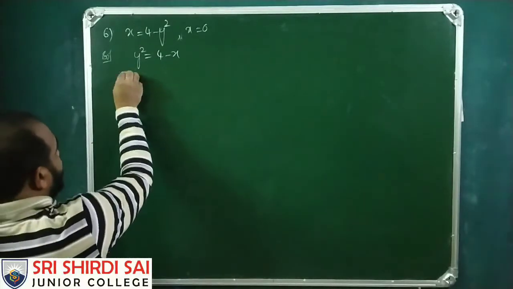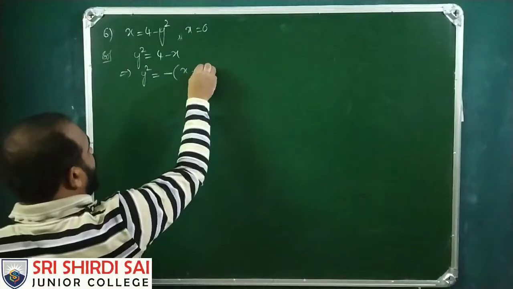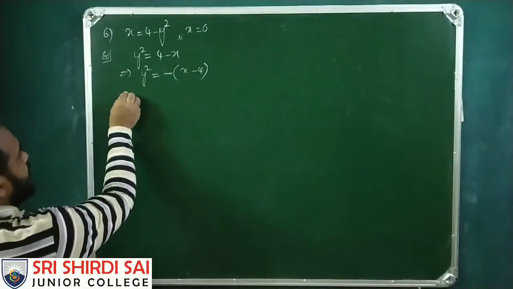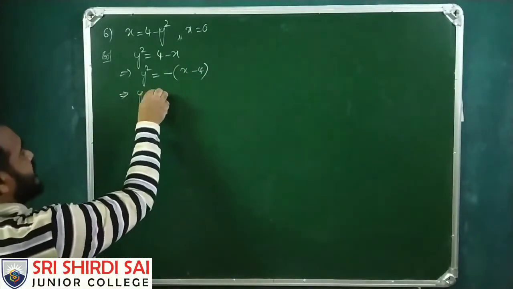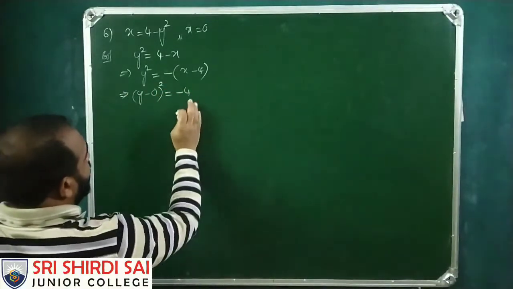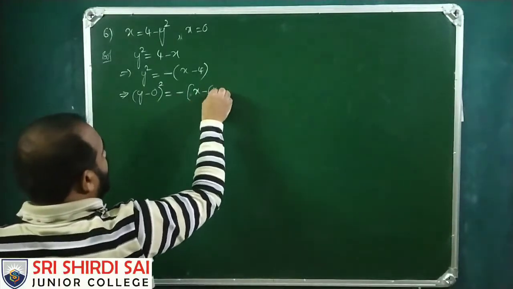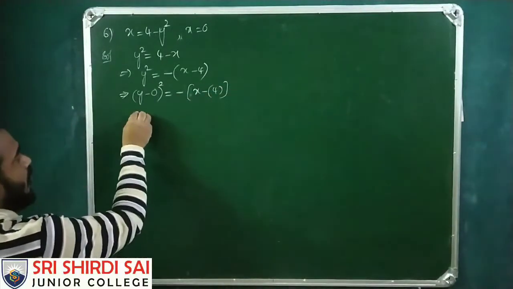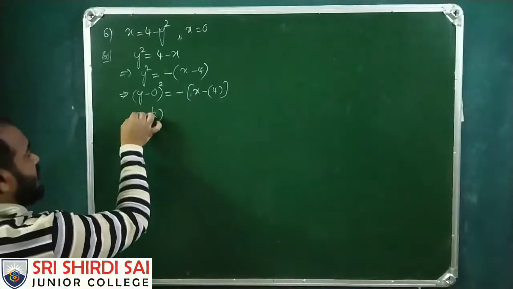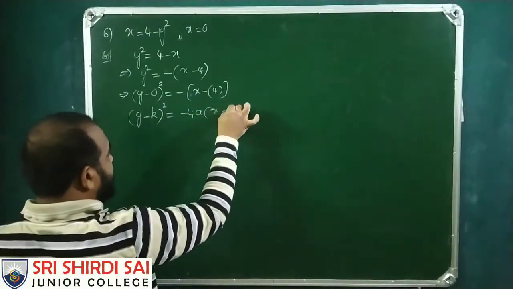This can be written as y square equals minus of x minus 4. So this can further be written as y minus 0 whole square equals minus 4 into x minus 4. So this is of the form y minus k whole square equals minus 4a into x minus h.